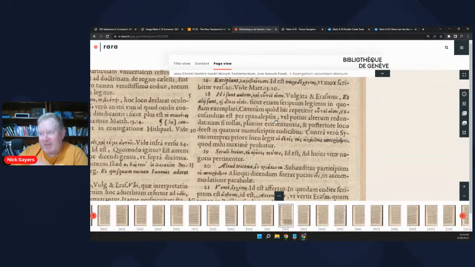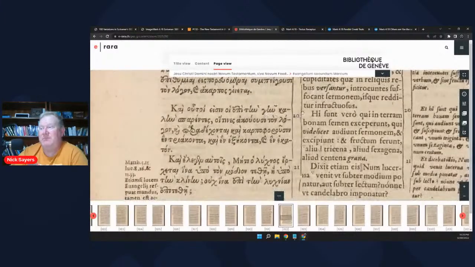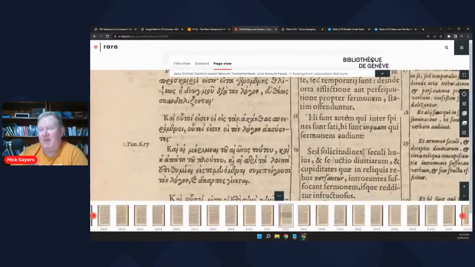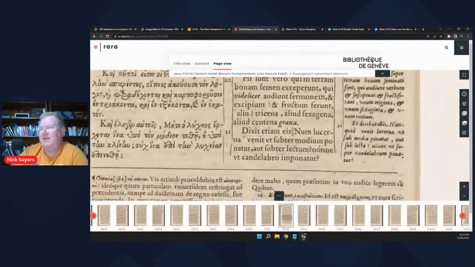You can compare these types of notes as well, because sometimes there are print errors, and I've found some of these. Scrivener made some amendments to his text according to print errors, which is a bit of a shame, but that's just where he was at.